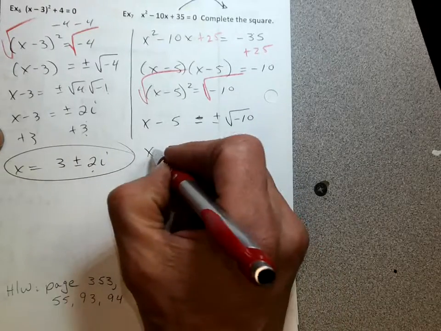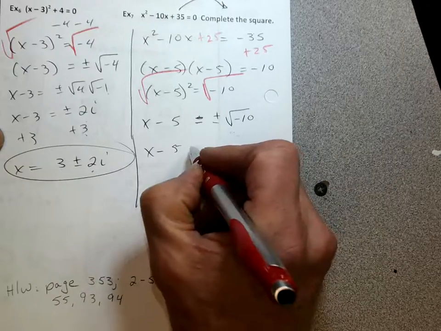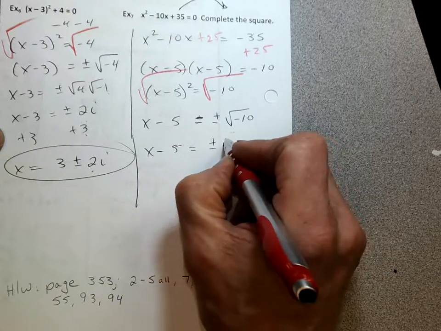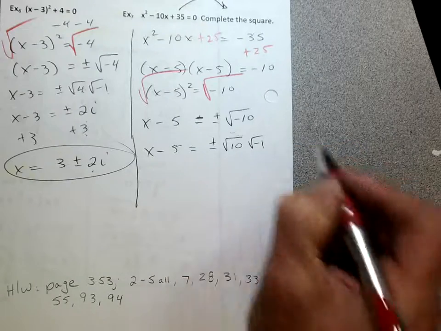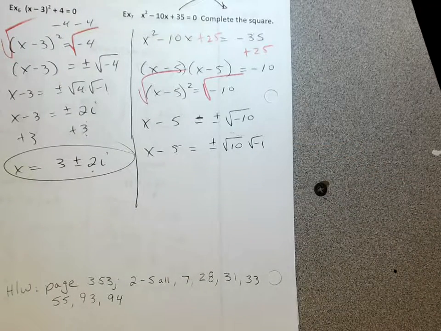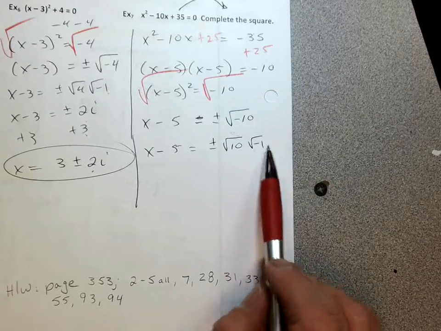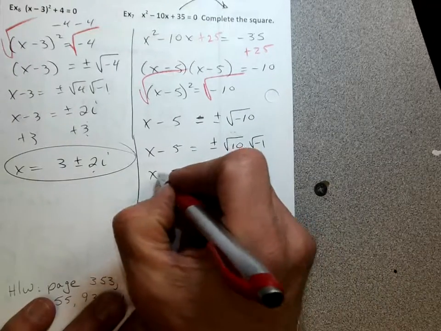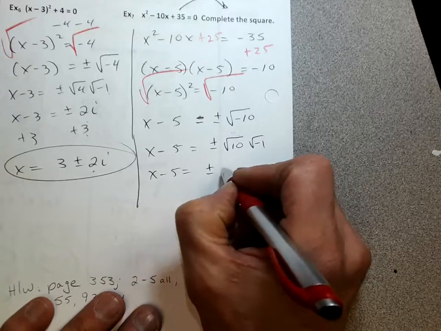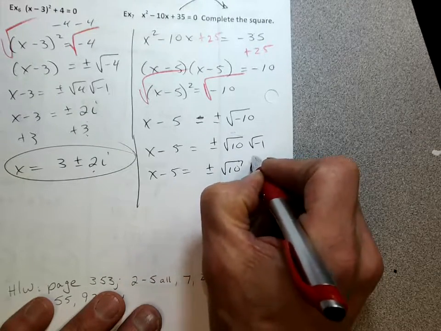So I'll have x minus 5 equals plus or minus the square root of 10 times the square root of negative 1. That way I can get my i, right? If I pull that out as 10 times negative 1, there's my i. So x minus 5 equals plus or minus the square root of 10 i. Okay?